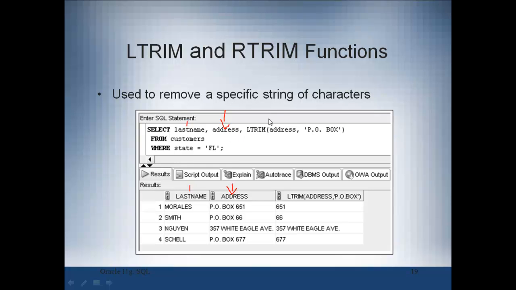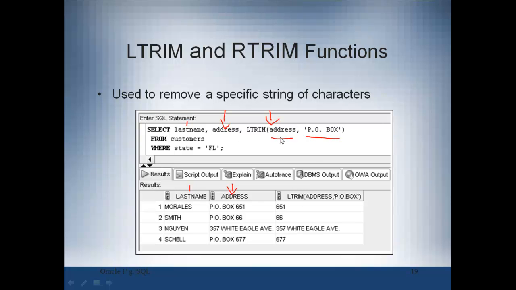The third column of results uses the left trim, and the LTRIM and RTRIM both require 2 arguments. The first argument being the data that's going to be read or modified, and then the second argument is the string of characters that's going to be removed or trimmed from the left side of the actual data.